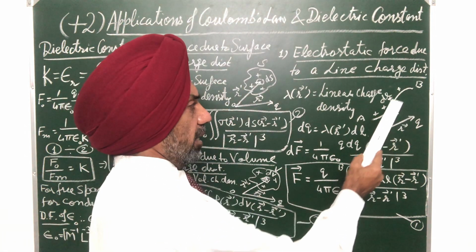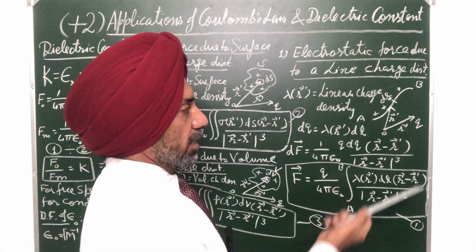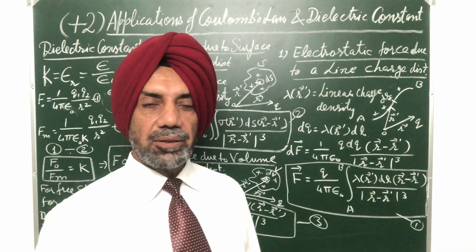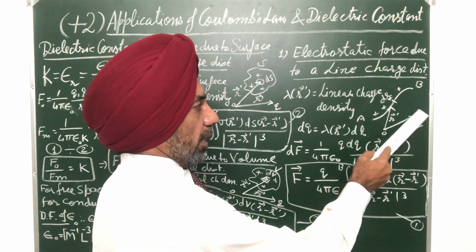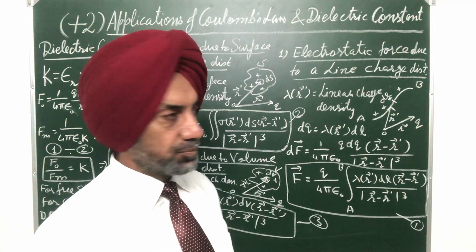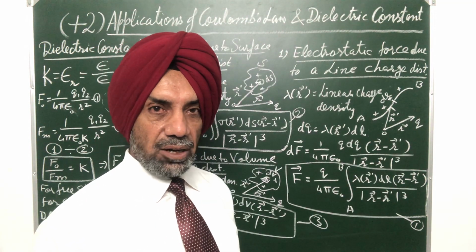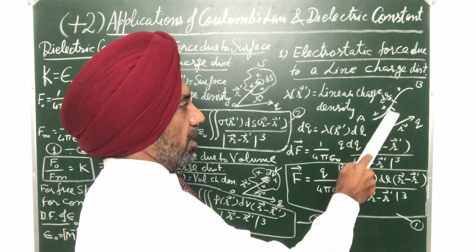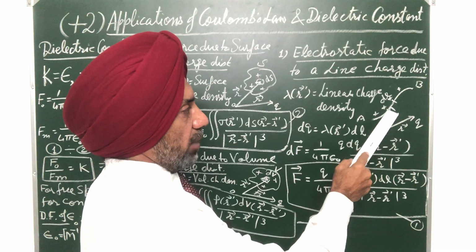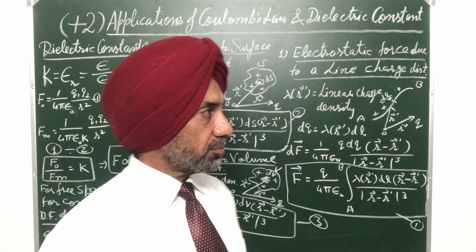Simply suppose AB is a line charge distribution, O is any reference point, the origin, and q is a test charge where we have to find the total electrostatic force due to this line charge AB. Let vector r be the position vector of test charge q and r dash be the position vector of a small element of length dl of the line charge AB.